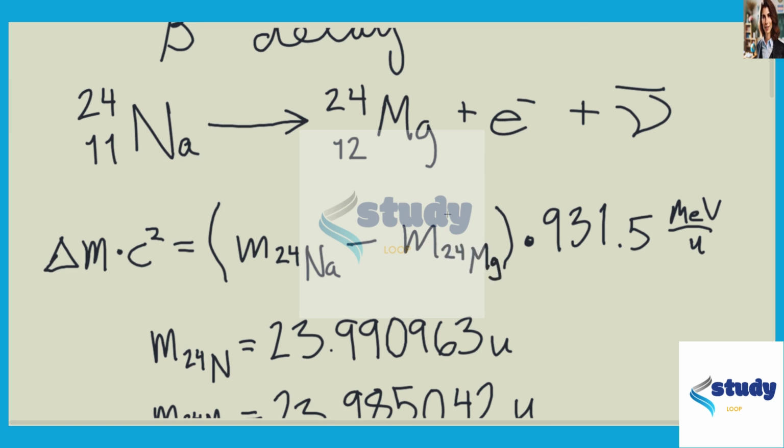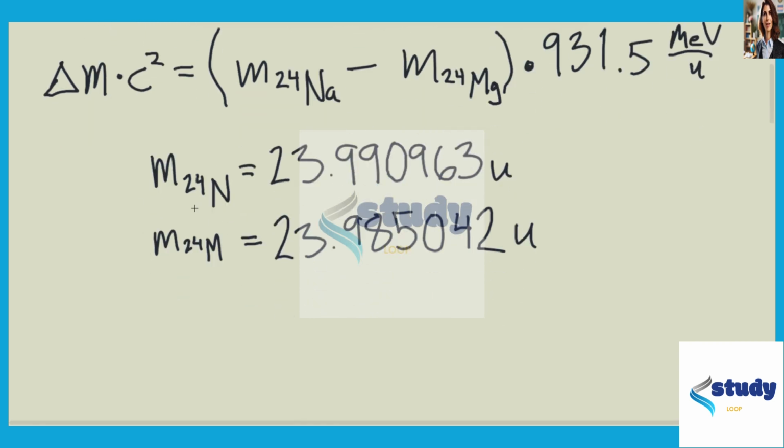Looking these up in Appendix B, we find that the atomic mass of sodium 24 is slightly higher than the atomic mass for magnesium 24 by about 0.015.